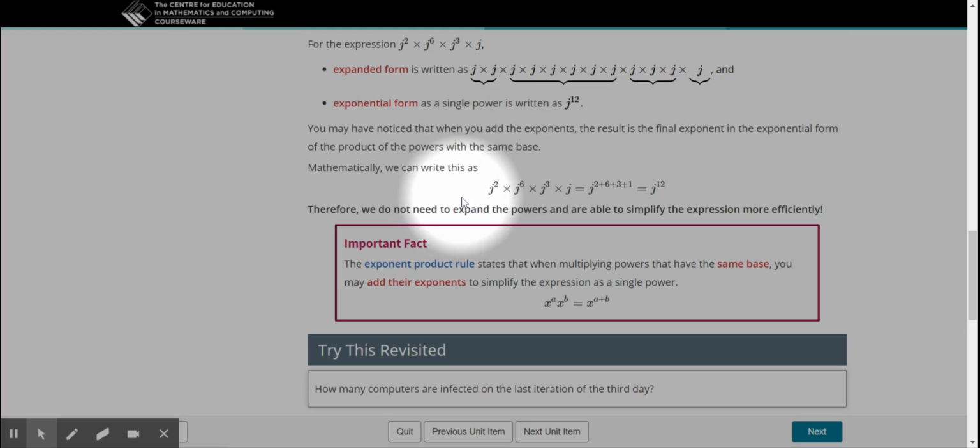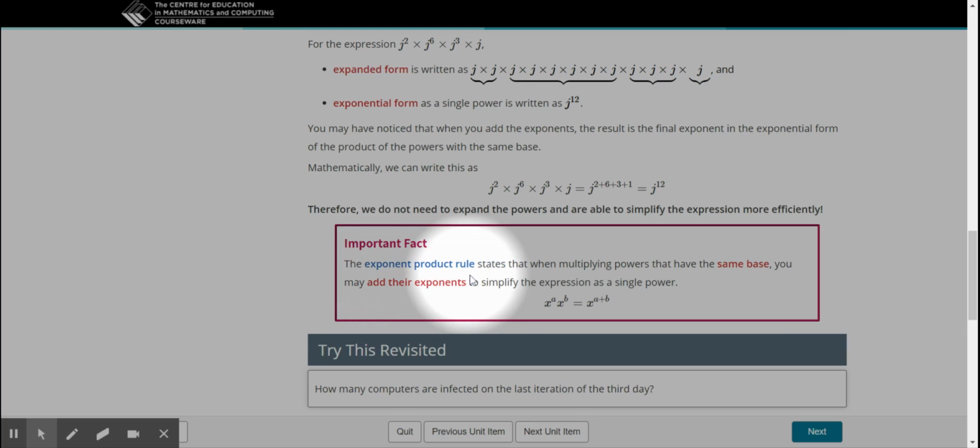So let's take a look at what we just did. J squared times j to the exponent 6 times j cubed times j to the exponent 1 is the same as j to the exponent 2 plus 6 plus 3 plus 1, or j to the exponent 12. So here is our rule.